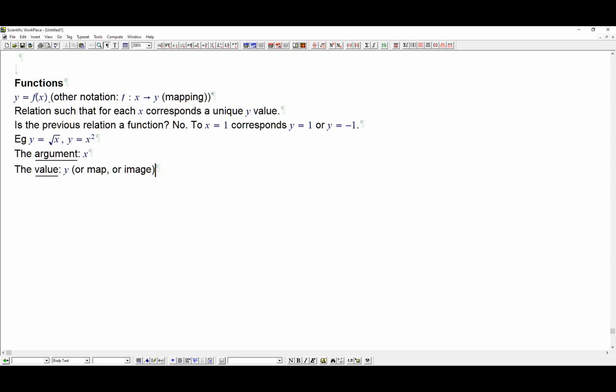With y equals x squared, we're basically switching that relationship, where x can equal positive and negative 2, for example, and y is 4 in both of those cases. So wouldn't that also mean it's not a function?